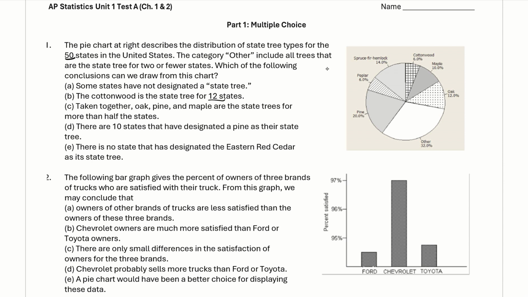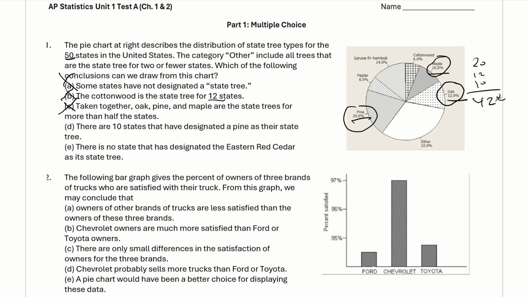So going back to oak, pine, and maple: is that more than half? Well, let's see. 20 plus 12 plus 10, that looks to be 42%, which is less than half. So that can't be correct either. So it can't be A, B, or C.